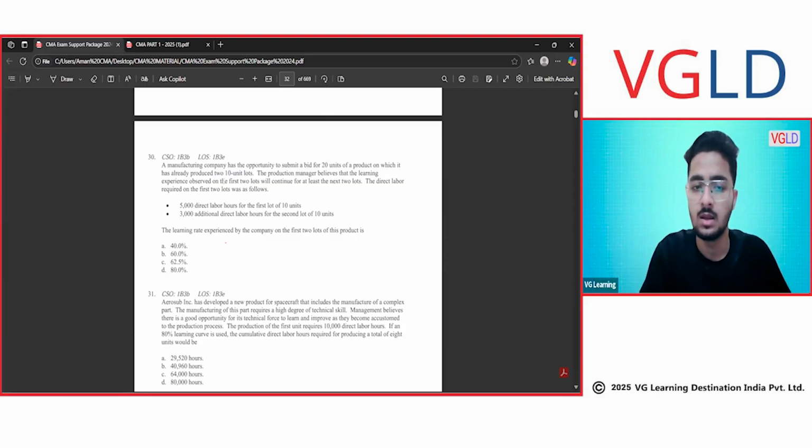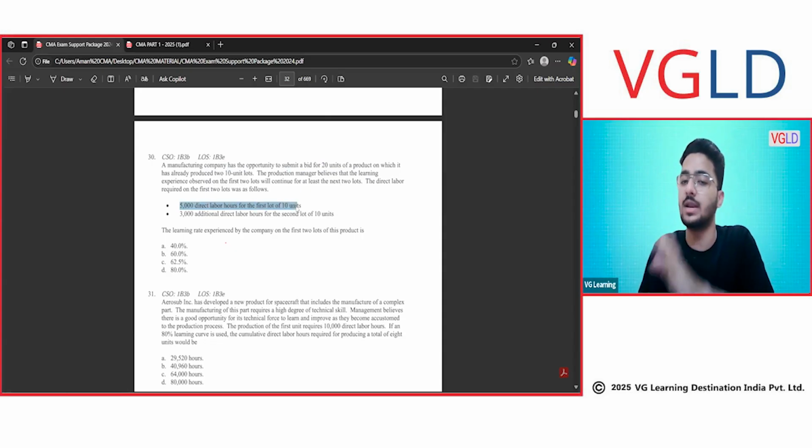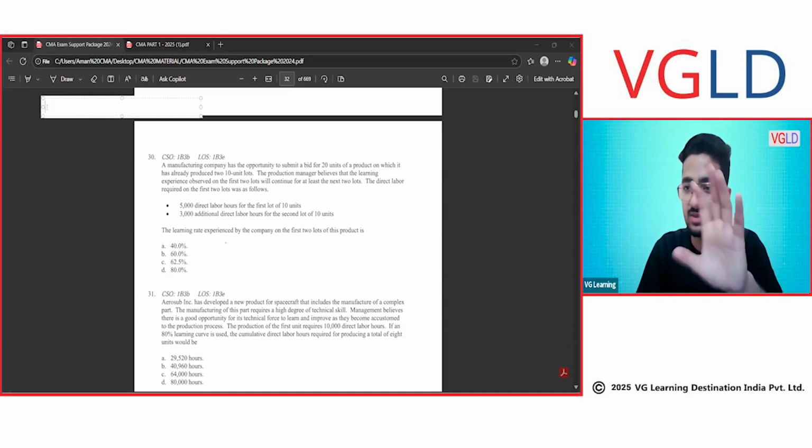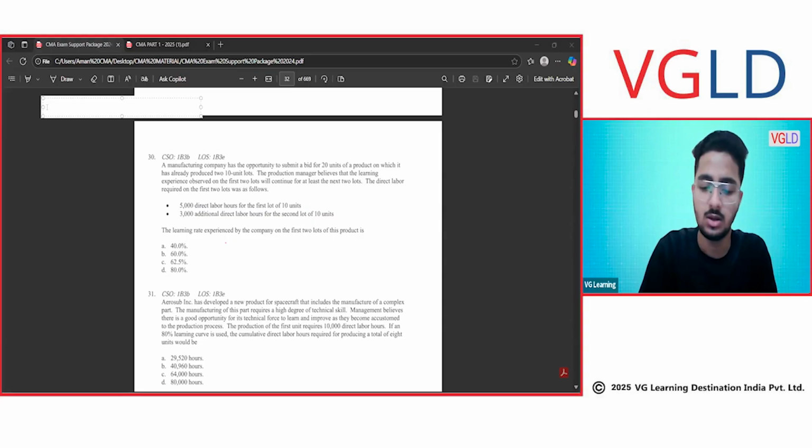Now see here. 5,000 direct labor hours for the first lot of 10 units. Okay, that's great. For the first lot of 10 units, they took 5,000 hours. Second, 3,000 additional hours for the second lot. Now see, what they are telling is the first lot, or you can say first 10 units, they only took 5,000 hours, right?